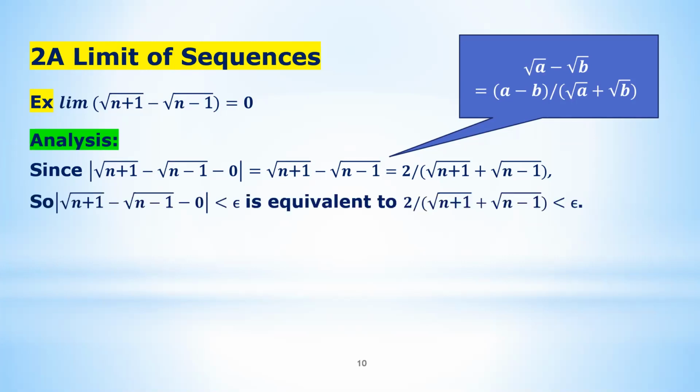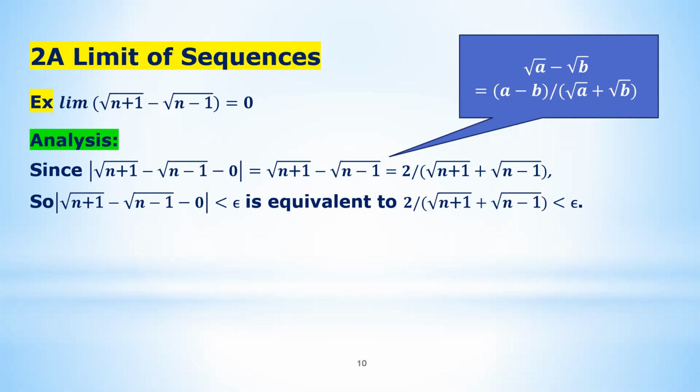Now you can see your ultimate goal is to show that when n is large enough, |square root of n plus 1 minus square root of n minus 1 minus 0| is less than epsilon. Now this final inequality is equivalent to what? Equivalent to the new inequality, 2 over square root of n plus 1 plus square root of n minus 1 is less than epsilon.